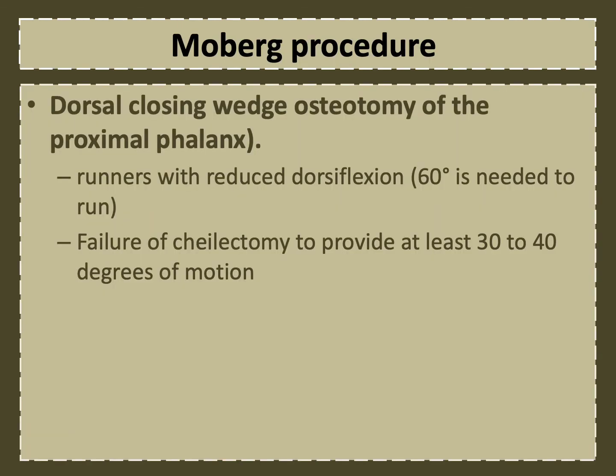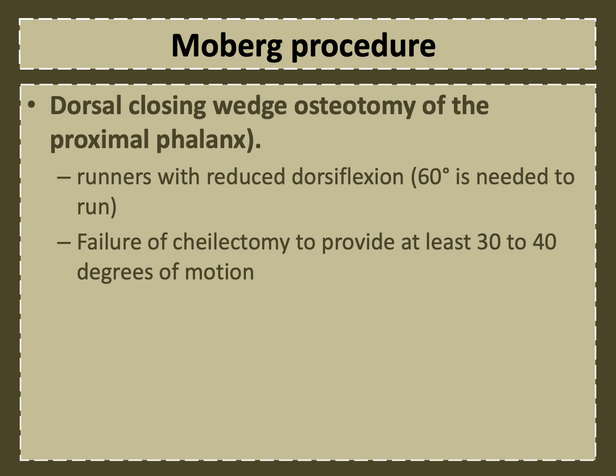The Moberg procedure is one that is still done, but not that often. What this is, is a dorsal closing wedge osteotomy of either the proximal phalanx or the distal metatarsal. So people who really have reduced dorsiflexion, meaning that they cannot get their toe up, and the cheilectomy does not give them enough motion, you can flip the toe up a little bit to give them a little bit more motion.